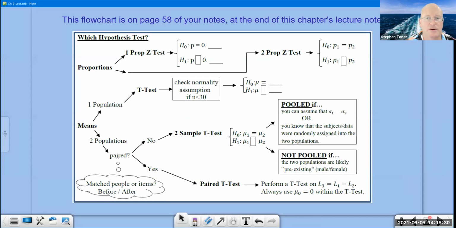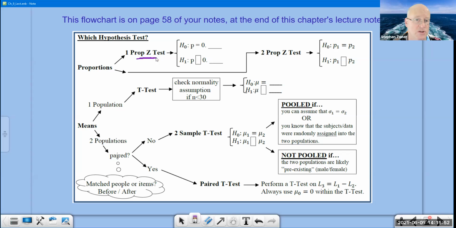Okay, I want to make a note right off the bat here that if you haven't looked at the end of your set of lecture notes for this chapter, you actually have a flow chart that I've created that helps you to determine what type of test we will be doing on any given situation. Now, we already know about the one proportion z-test.